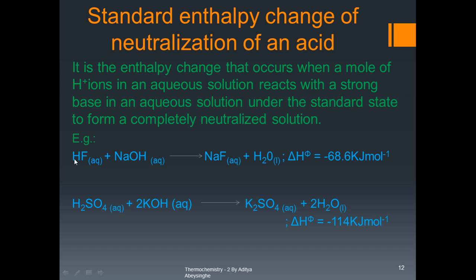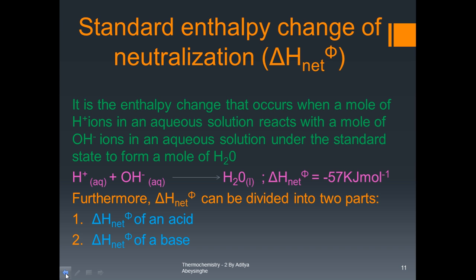Now you know that when H plus ions react with OH minus ions, it forms H2O. But in the case of this reaction, in which you have hydrogen fluoride and sodium hydroxide, the fluoride ion and the sodium ion should also form another compound in order for this reaction to be balanced, right? You know that the coefficient here is 1, this coefficient here is also 1, and you form 1 mole of water. So the standard enthalpy is minus 68.6 kilojoules per mole. But you may question that I defined that to be minus 57 kilojoules per mole.